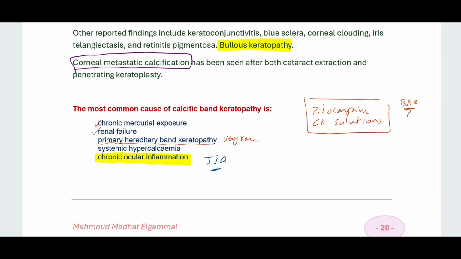Only 3 families. It causes deposition of calcium hydroxyapatite, the mineral salt of calcium phosphate, in the cornea. It has exactly the same pathology, but it's very rare. And systemic hypercalcemia, like metastatic calcification. But again, it's not very common.